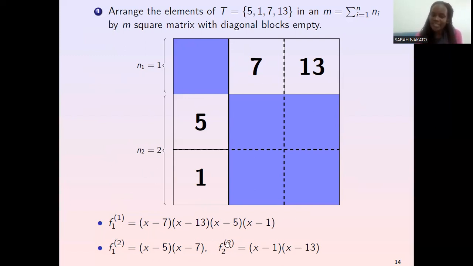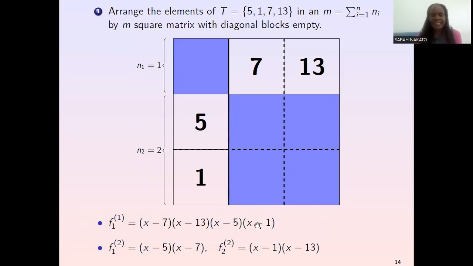Then this says in the second block, consider second row and second column. So this is x minus 1 and then x minus 13. So these are our polynomials that we generate from such an array. If n was bigger, for example, we'd have maybe a 4 by 4 matrix.